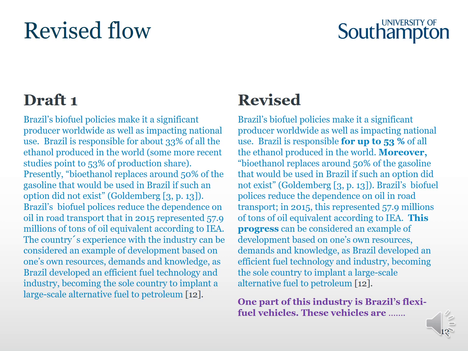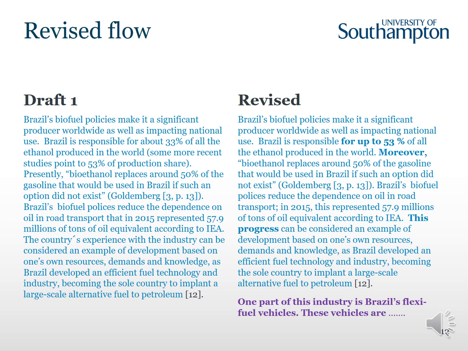Then as we follow further down, I've changed it to this progress to strengthen the link between the two sentences. And then we can really see at the end of the paragraph, we've ended with the idea of Brazil developing technology to find an alternative to petrol.